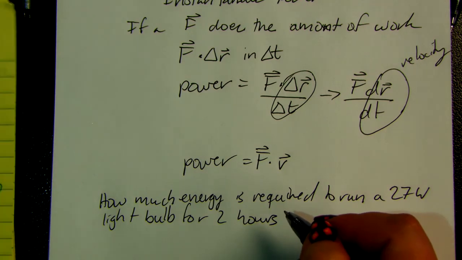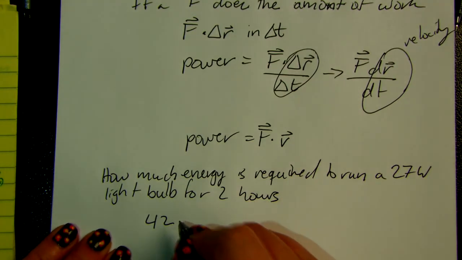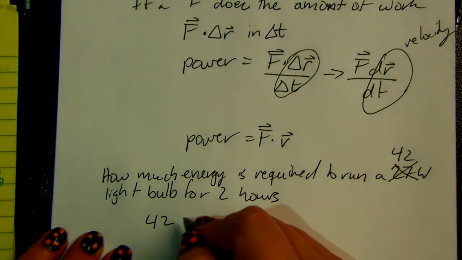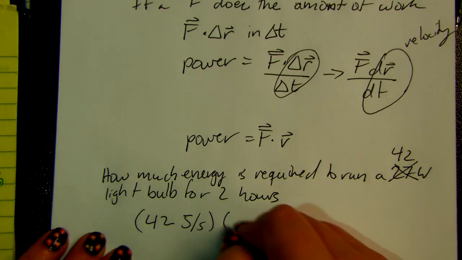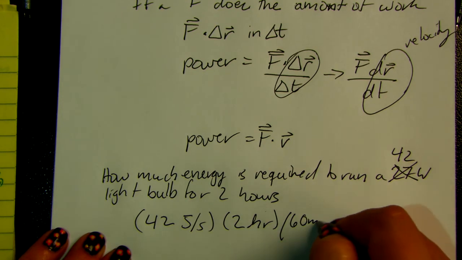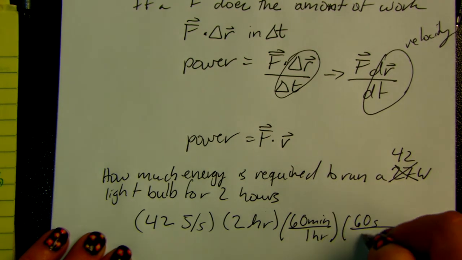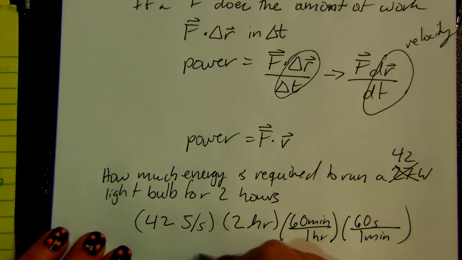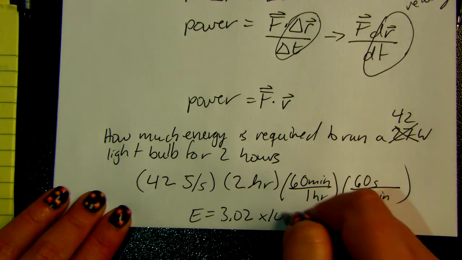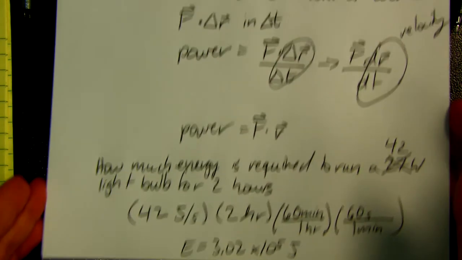So we know that we have a 42 watt light bulb. 42 joules per second times 2 hours, and we need to unit convert: 60 minutes per 1 hour times 60 seconds per 1 minute. Energy is equal to 3.02 times 10 to the 5 joules. So very straightforward calculations for power.